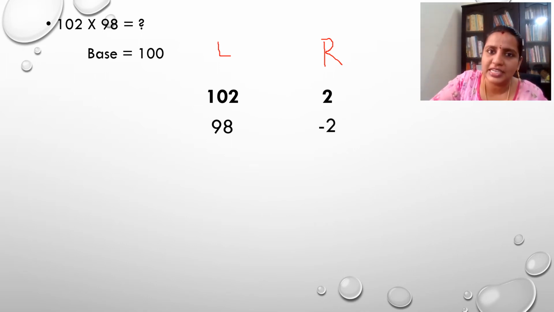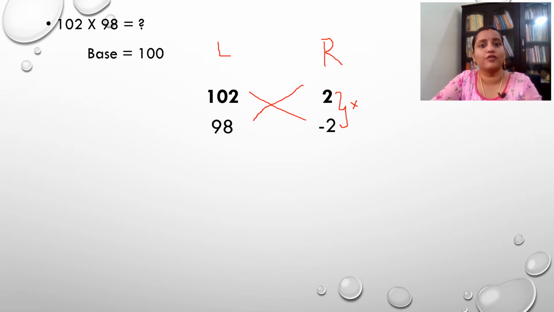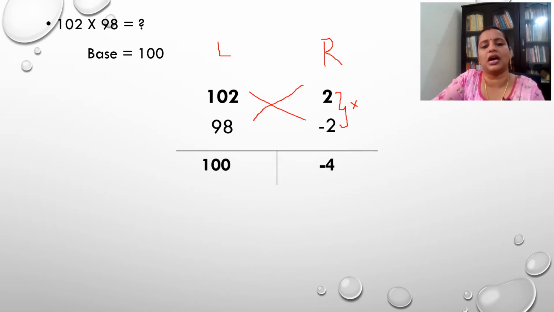What would be the next step? I have to go for the cross addition for the LHS, and for my RHS, I have to multiply the numbers which I have got by subtraction. So it gives 100 and minus 4. Pause for a minute and check the number of digits in the RHS.